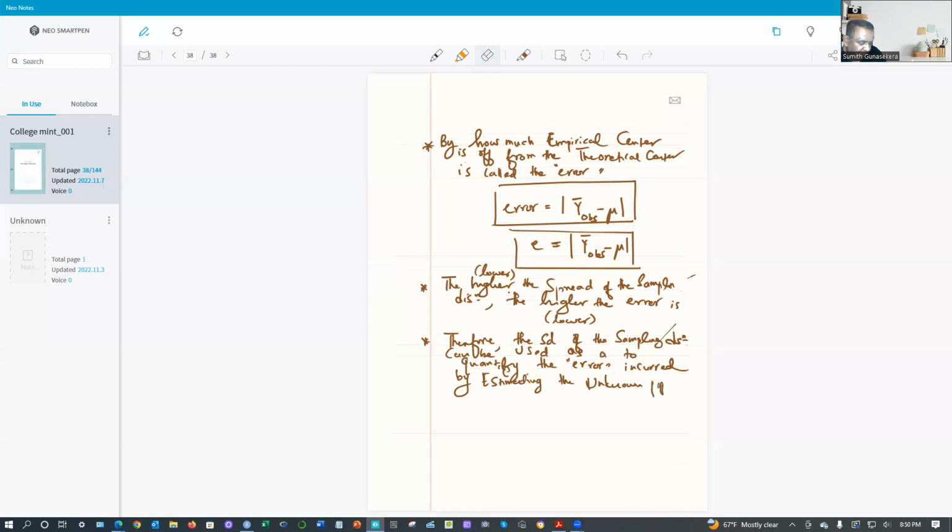The spread is nothing but the standard deviation.